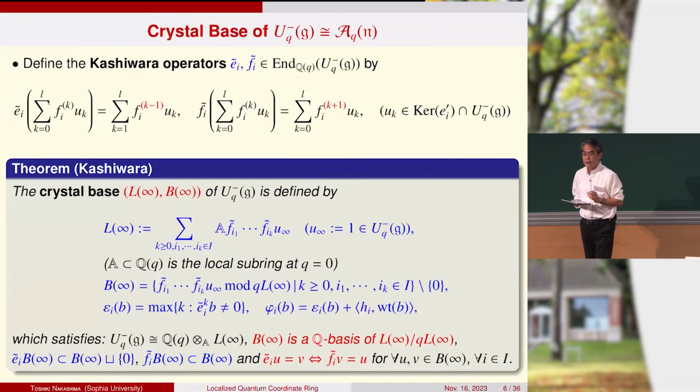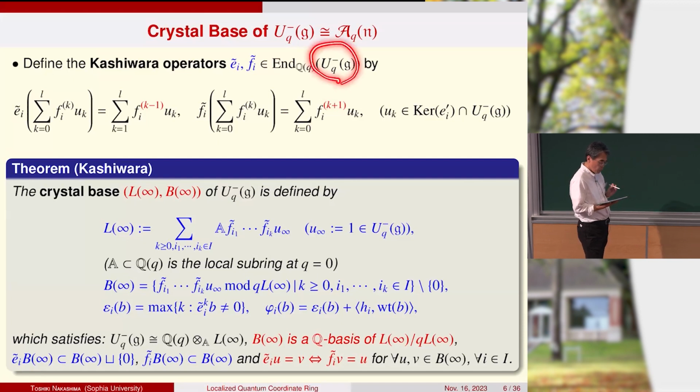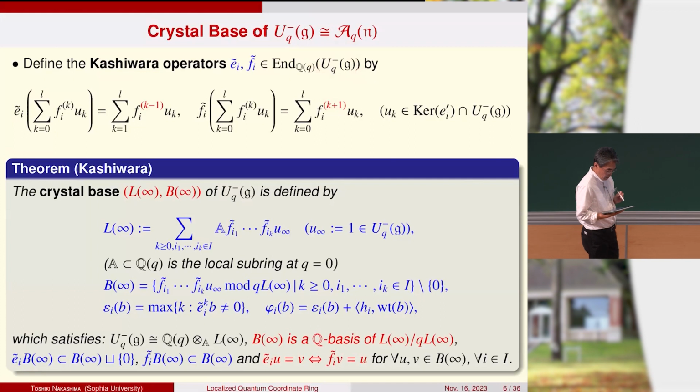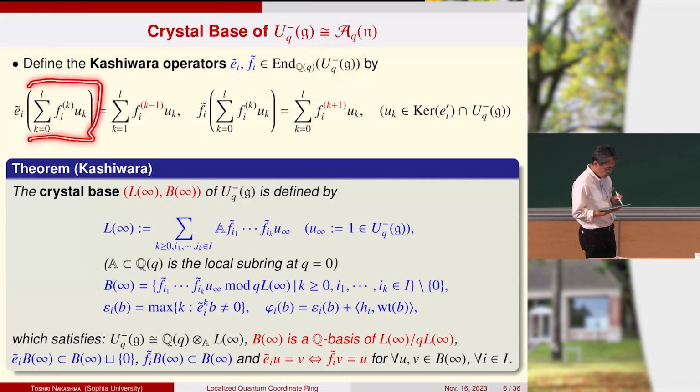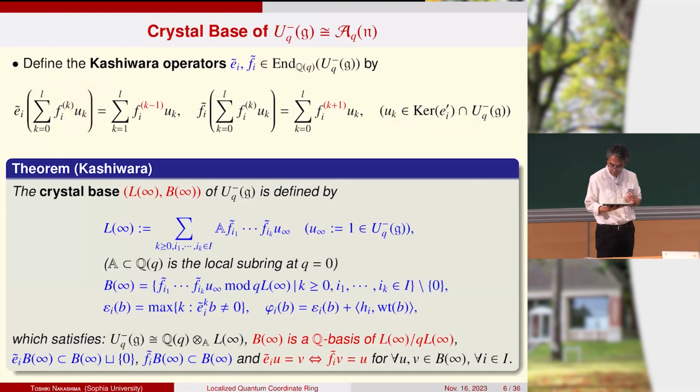Now we enter the theory of crystal bases. First, the Kashiwara operators on U_q^-(g). Any element in U_q^-(g) has a decomposition of this type, uniquely. Here u_k is an element in the kernel of e_i', intersected with U_q^-(g).